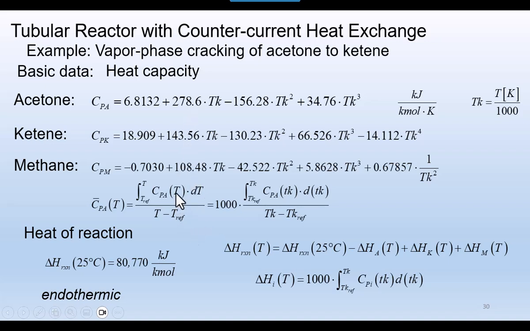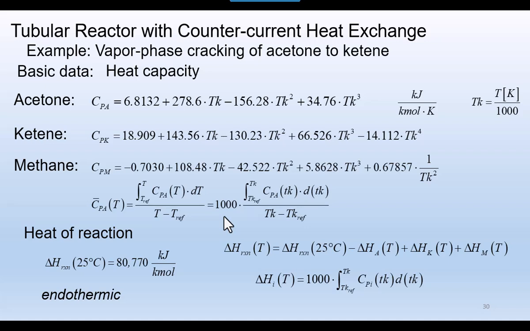And then if we convert the temperature here over to the scaled temperature, we would then need to multiply that by 1000 in order to have the expressions come out correctly. Also, we note here the heat of reaction at 25 Celsius, and it is positive, indicating that it is endothermic.